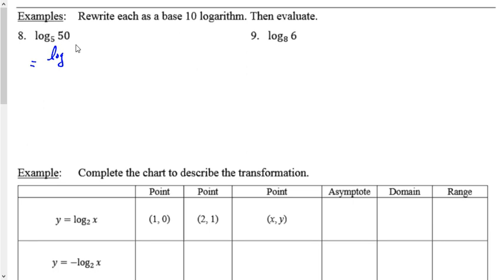So I'll have the log of 50, and since I'm looking at base 10, I'm not going to write the base in, it's a common logarithm, over the log of 5. That's something that we can just type into our calculators to evaluate. And when we do, we get approximately 2.43.